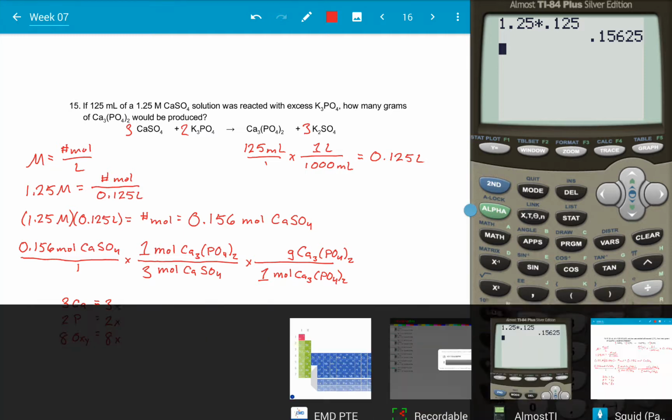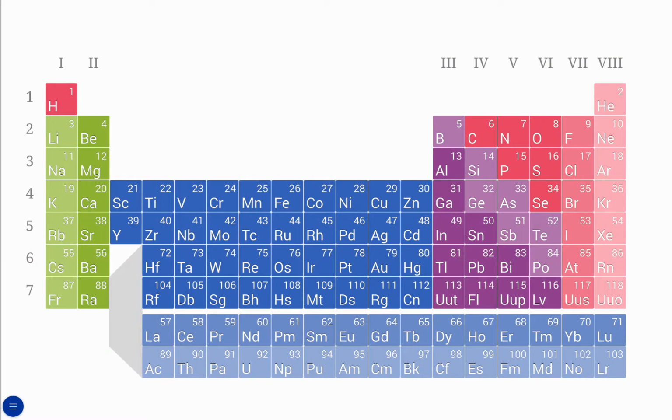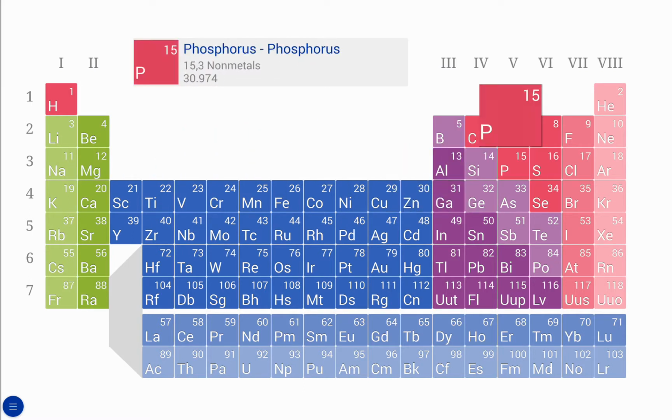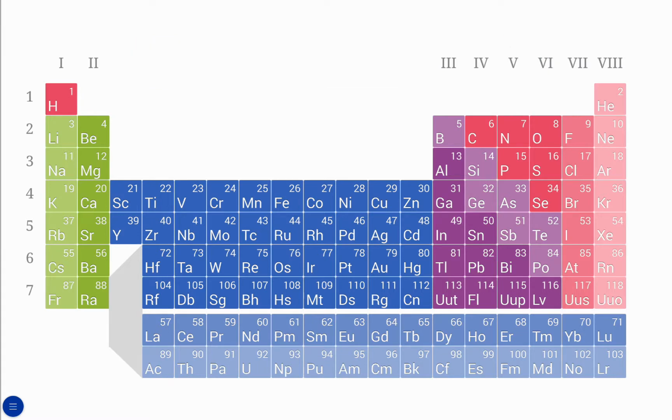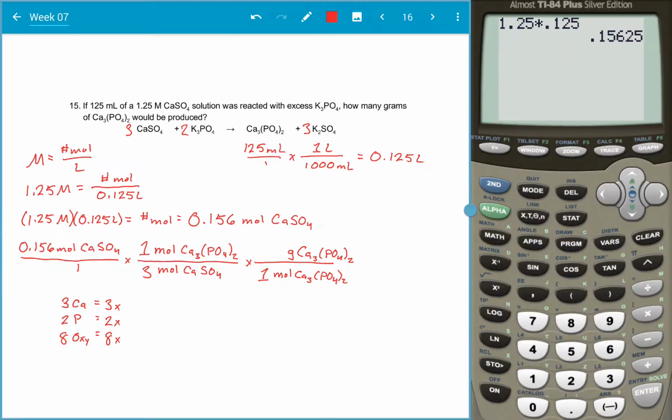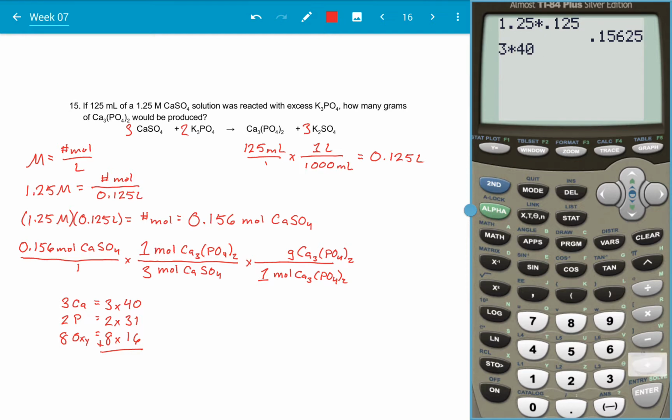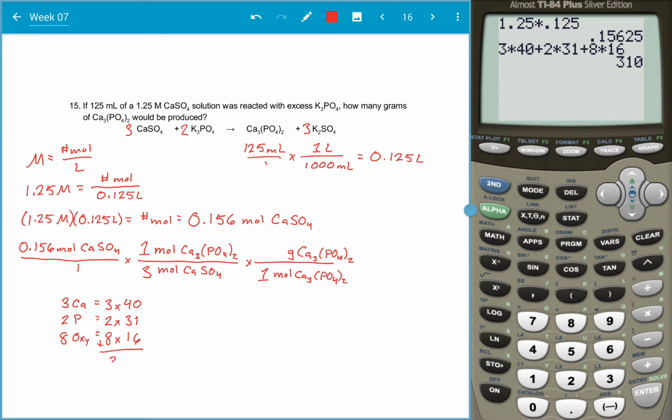So if we go to our periodic table, we can see that calcium weighs 40, phosphorus weighs 31, and oxygen weighs 16. And if we add these all up, 3 times 40 plus 2 times 31 plus 8 times 16 gives us a molecular weight of 310 grams per mole.